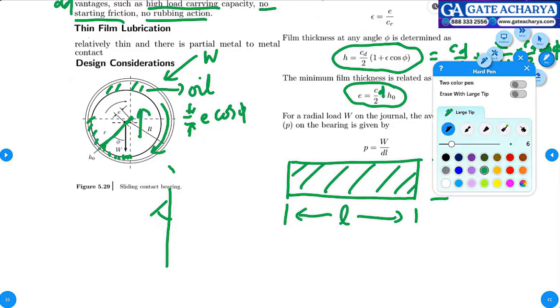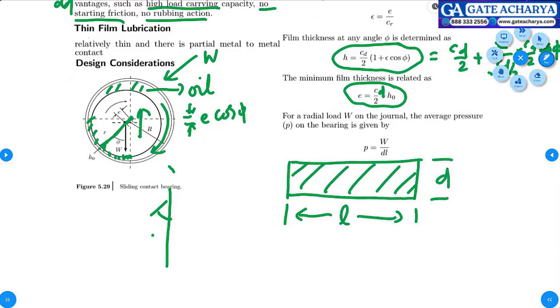This will be phi and this distance will be E. This is for journal or shaft, this is for bearing.